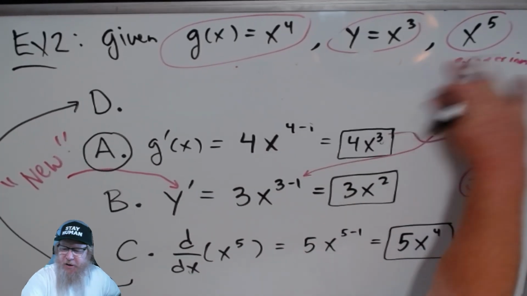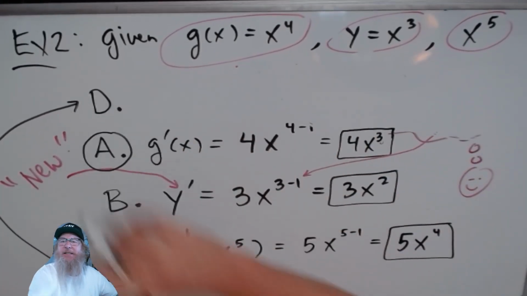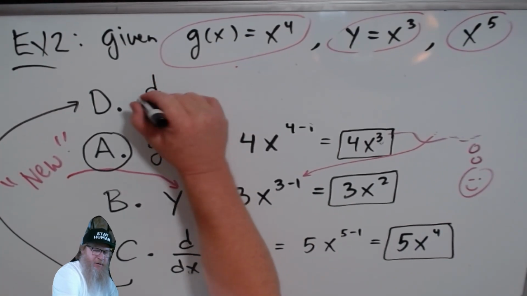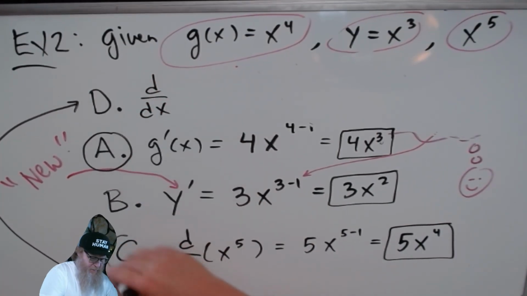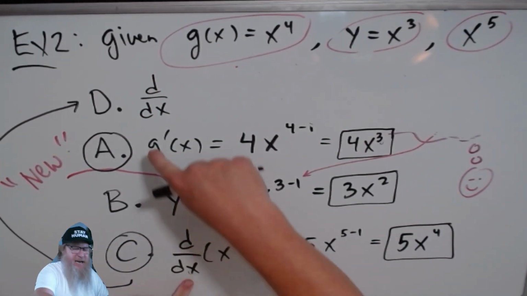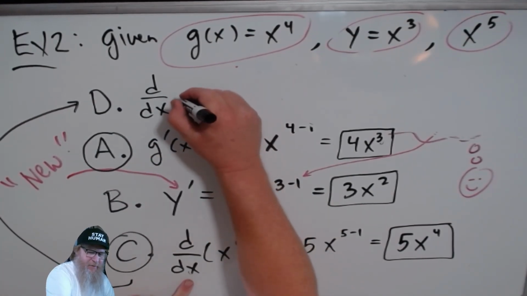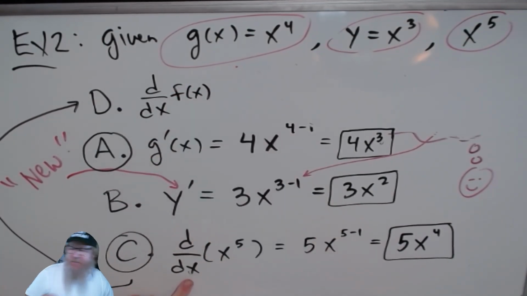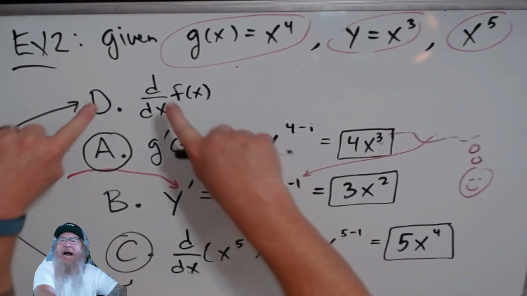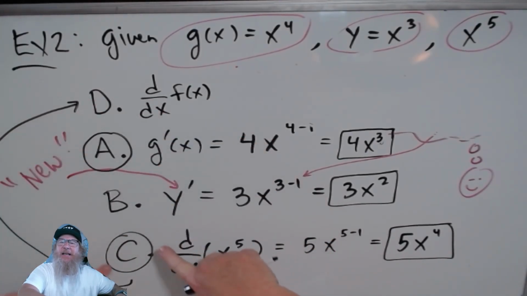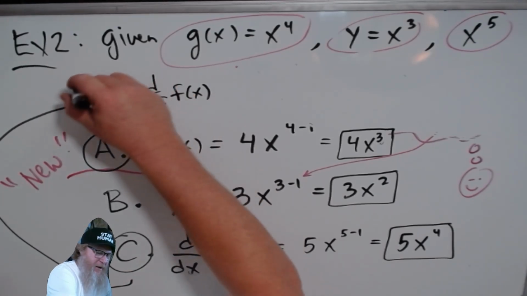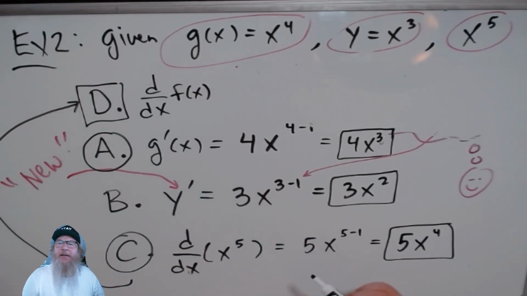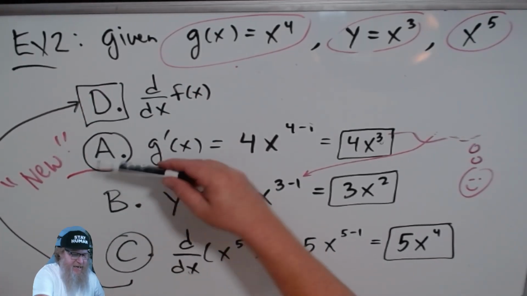When we have function notation, because we might see this in the future, we sort of combine C and A, and we write it like this. It's a hybrid of C and A, and I will call that one D.